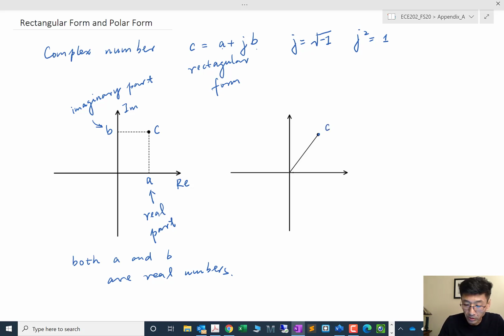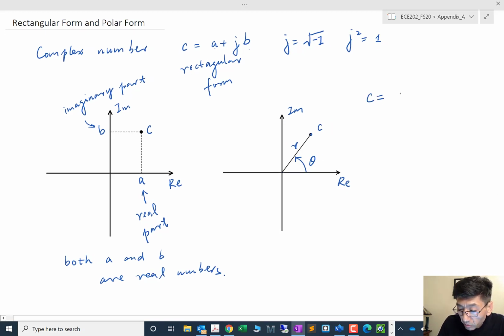Let's call that distance R. And if we draw a line from the c point to the origin, the angle is how far this line is away from the positive real axis, which we call theta. So in this case, we represent c as c is equal to R times e to the j theta.